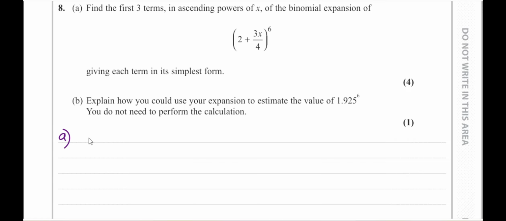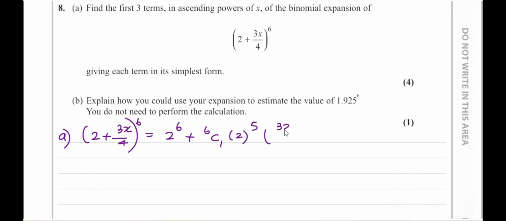So using that, we can say (2 plus 3x) over 4 to the power of 6 equals 2 to the power of 6 plus 6c1, 2 to the power of 5, (3x over 4) to the power of 1 plus 6c2, 2 to the power of 4, (3x over 4) to the power of 2 plus dot dot dot.